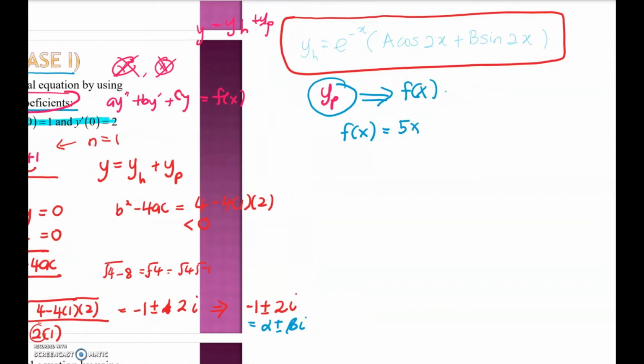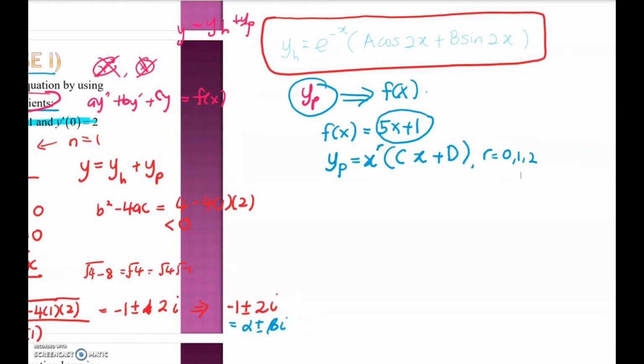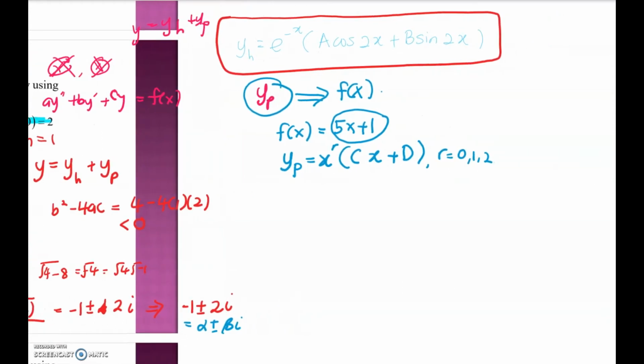So 5x plus 1. We need to do the initial guess, which is YP. YP equals x to the r, and this one is a polynomial of degree 1. We start with a polynomial of degree 1, then it will reduce by 1, so we have d. So we stop, and then r goes from 0, 1 and 2. Now we want to look at the function of r when r equals 0.